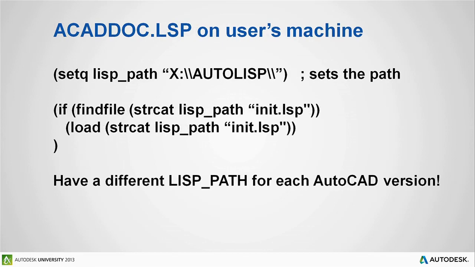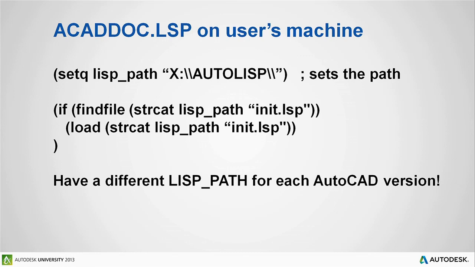So, what I do is I go to the user's machine once, and I put an acaddoc.lsp file on their machine that looks like that. If you look at what I'm doing in this code segment, I'm establishing a variable called LispPath.